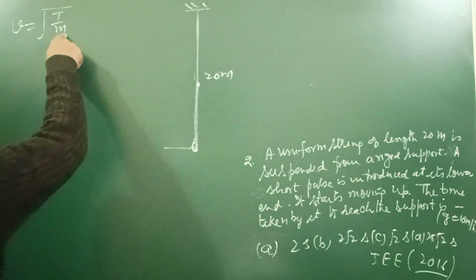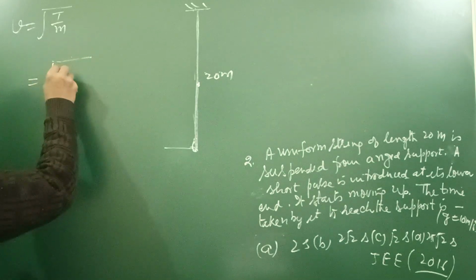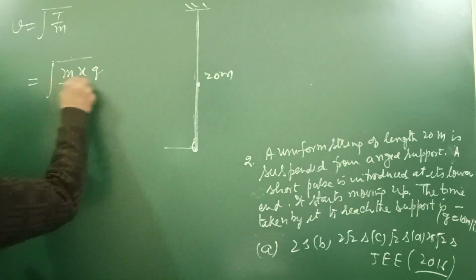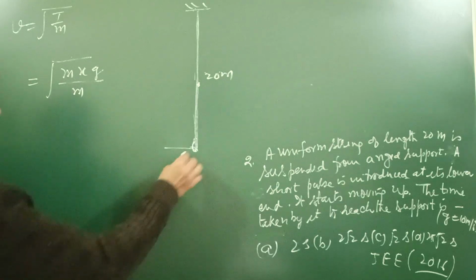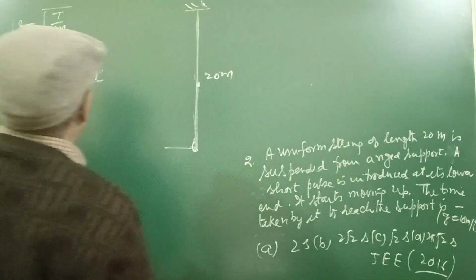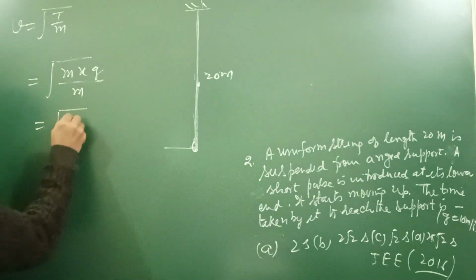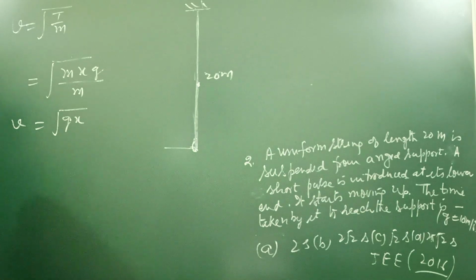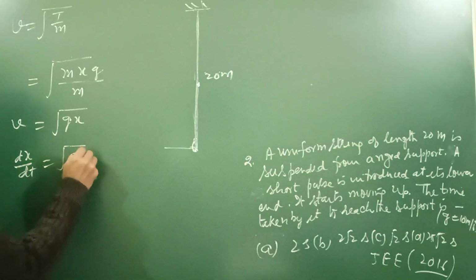So if m is the mass per length, T can be written as m into xg, where x is the distance traveled. So here it comes out v equal to under root gx only. And we know from the definition of velocity, v equal to dx upon dt equal to root gx.